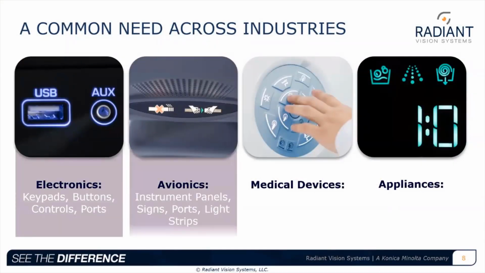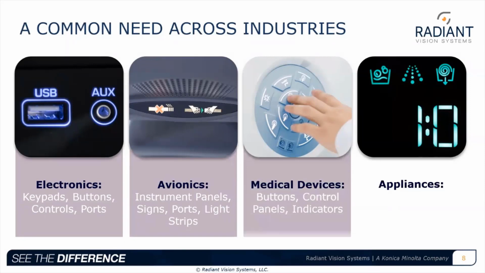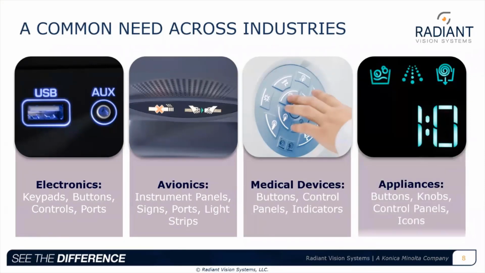We see similar requirements in electronics, both, of course, in the interior and exterior of the vehicle, but more importantly, we see consumer electronics, avionics, medical devices, general appliances, and much more. All of these components actually have a laser etched aspect to them, which traditionally have been inspected either with vision systems or human inspection. And today we're really going to talk about bringing this concept into our core technology of imaging photometry.